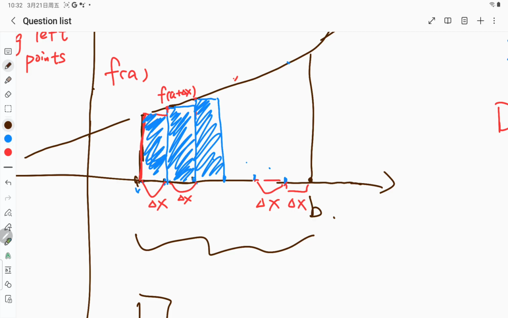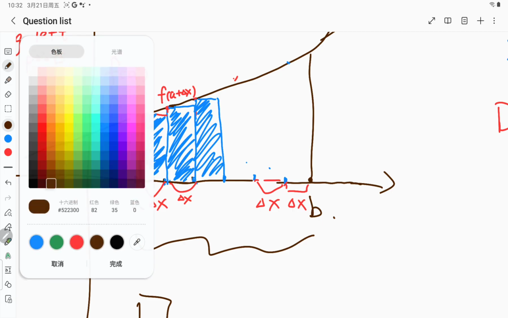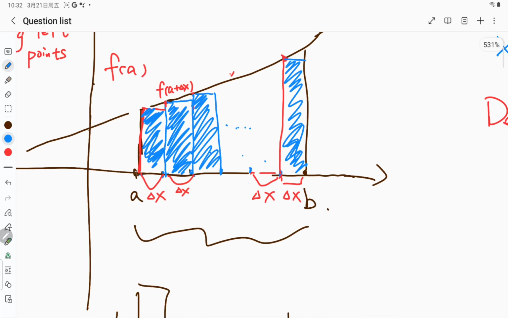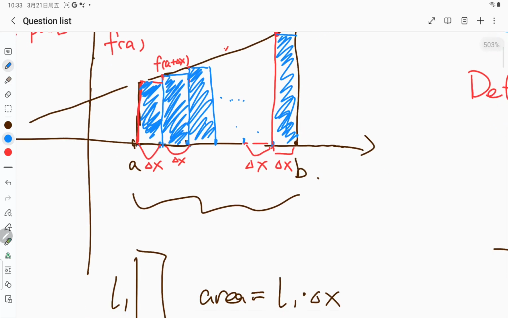I hope you're comfortable with this story. Dot dot dot, until the last subinterval delta x, I still pick the left endpoint of my last interval, this point. Then I draw a horizontal line and a rectangle, and these are all the rectangles that I need to calculate.